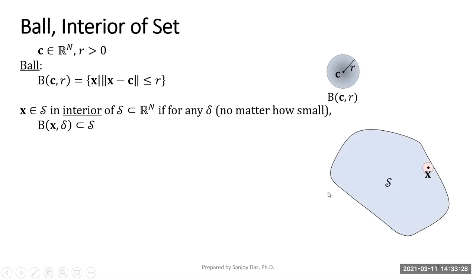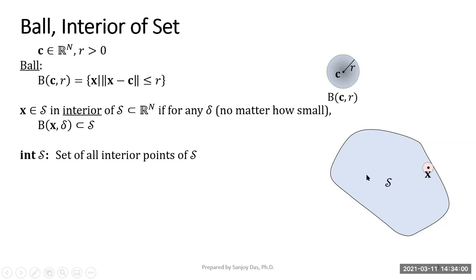So this is the region S, and X is in the interior of S if and only if we can surround X by a ball with X as the center of some radius delta, and delta can be arbitrarily small. Int S is the set of all interior points of S. The boundary of S is not the interior.